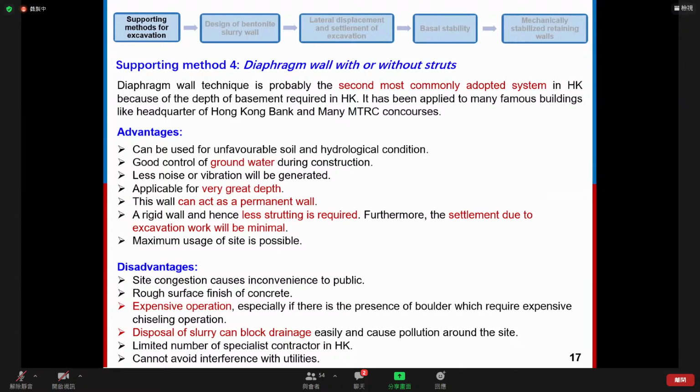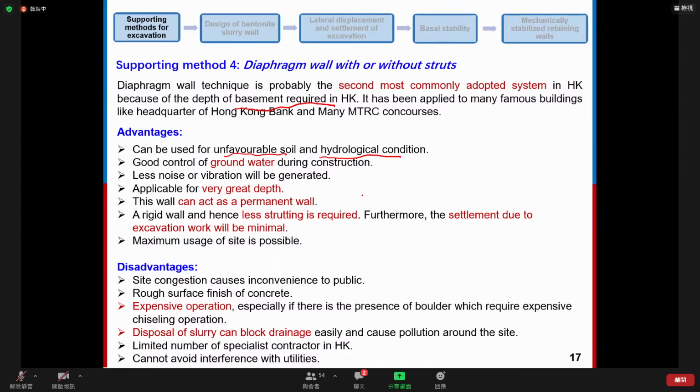So diaphragm wall is the second most commonly used supporting system in Hong Kong because of the depth of the basement required in Hong Kong. Okay. Diaphragm wall can be used for unfavorable soil or unfavorable hydrological conditions. It can control the groundwater during the construction very well.